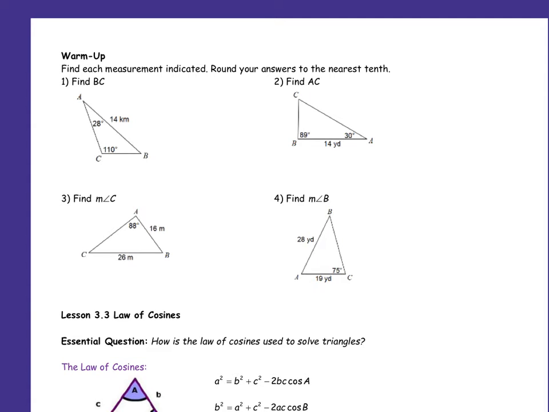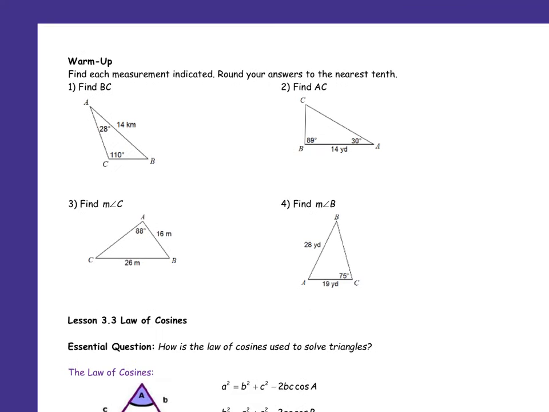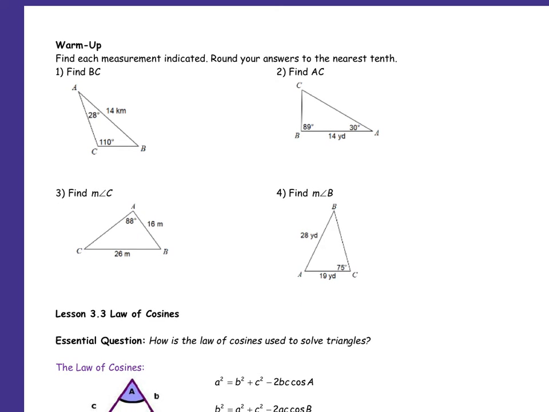Okay, so on number 1, they just want me to find BC, so that's the only thing I need to look for. So I have sine of 110 over 14 equals sine of 28 over x.